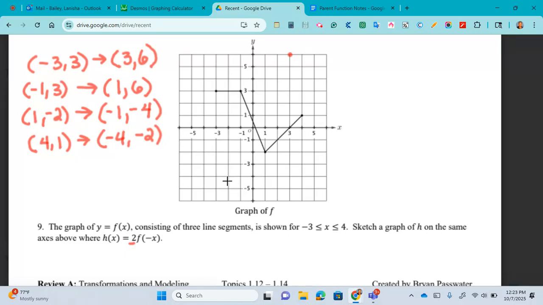I thought if you do... Oh, gosh. You're right. That is positive too. Oopsie. Thank you for that, Afia. So we have 3, 6, 1, 6. We have negative 1, negative 4. And we have negative 4, 2.